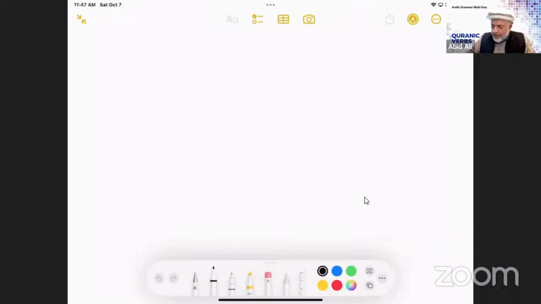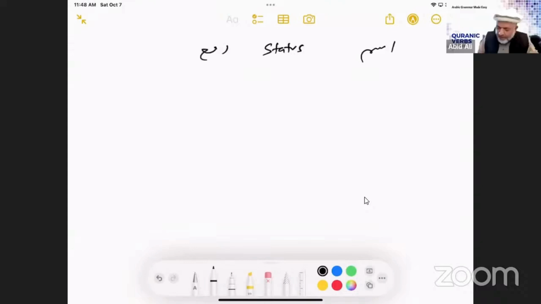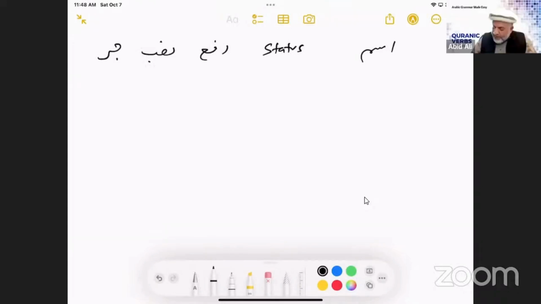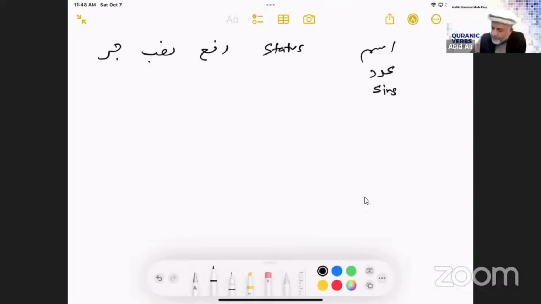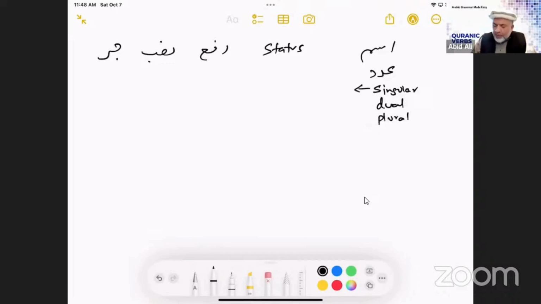Okay. So when we have an ism, we have something called a status. How many statuses do we have? We have Rafa, Nasab, and Jar. And when we have an ism, we also have something called adad. Adad means: do I have a singular, dual, and plural? Now I'm only going to talk about singular.